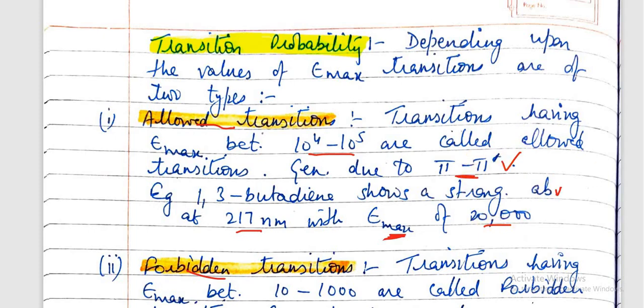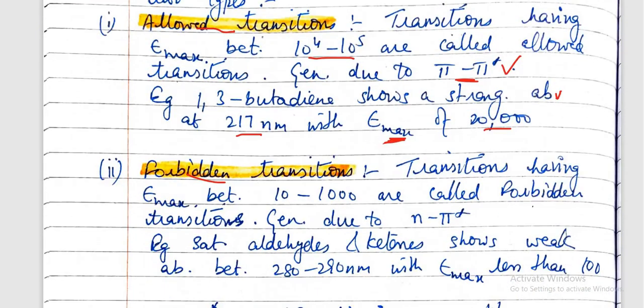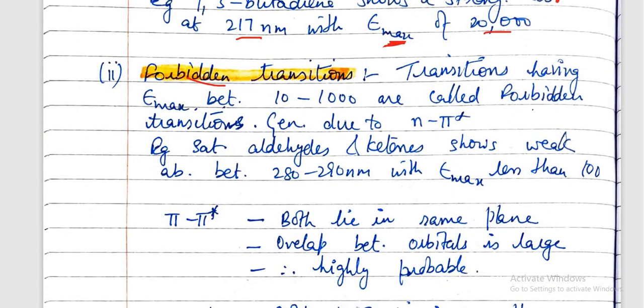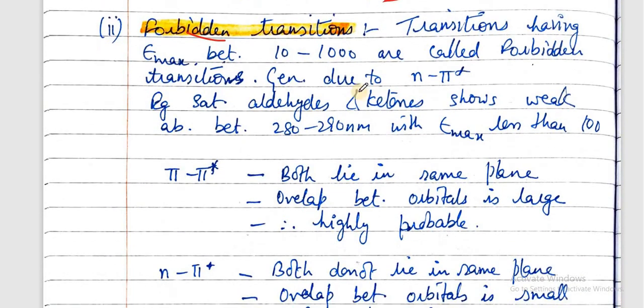The transitions in which the value lies between 10 to 1000 are called forbidden transitions, and these are generally due to n to pi star transitions. For example, saturated aldehydes or ketones, in which a double bond is present and lone pairs of electrons are also present, show weak absorption between 280 to 290 nanometer with epsilon maximum less than 100.